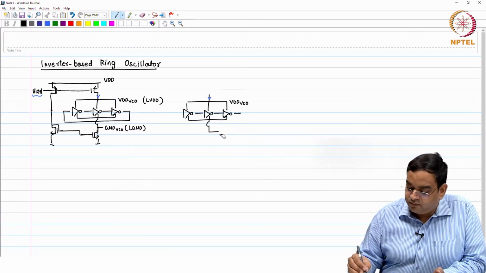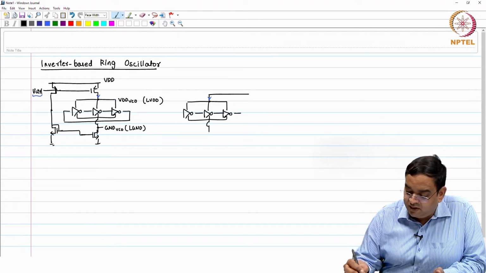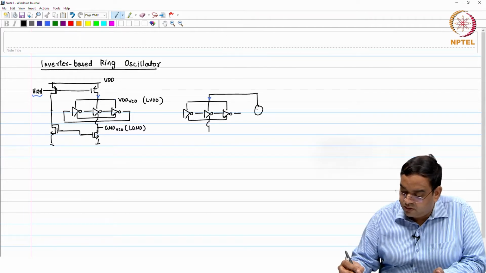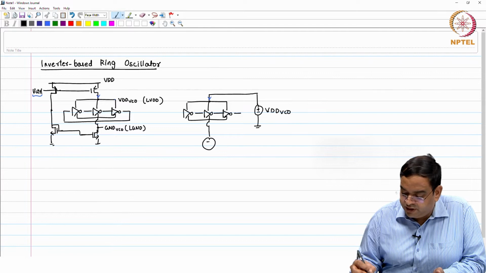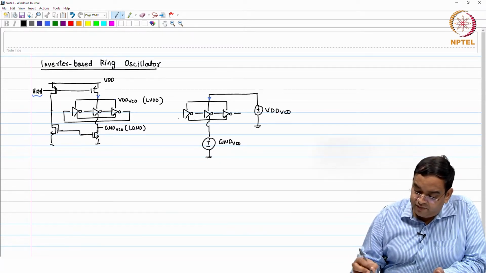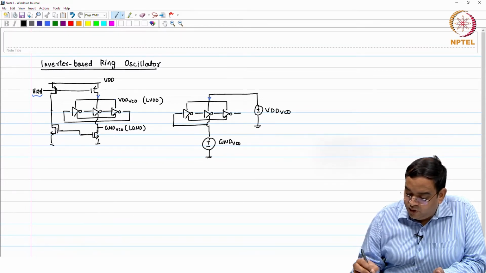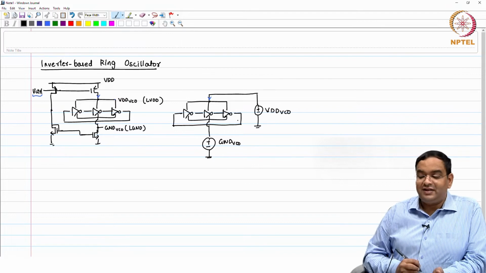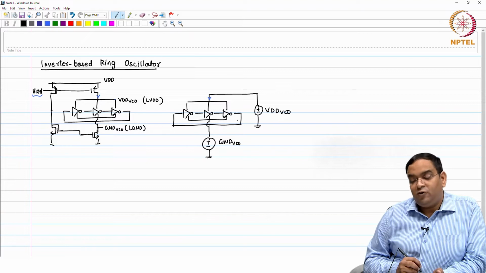To make it more clear, say I have a voltage source whose value is VDD VCO, and another voltage source whose value is ground VCO. Then whether you have the oscillator on the right hand side or on the left hand side, both oscillators will operate at the same output frequency.